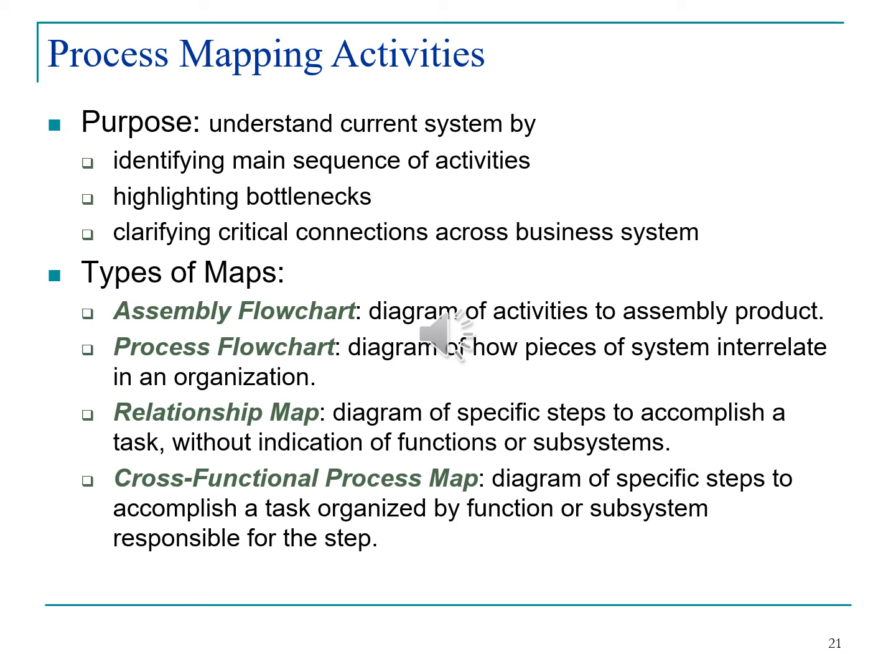The process flowchart, which is a diagram of how pieces of the system interrelate in an organization. The relationship map, which is a diagram of specific steps to accomplish a task without indication of functions or subsystems. And the cross-functional process map, which is a diagram of specific steps to accomplish a task organized by function or subsystem responsible for the step.